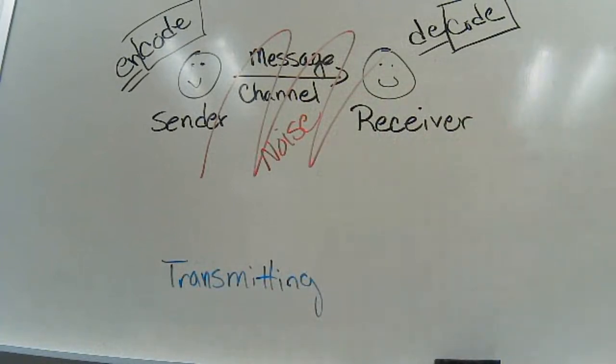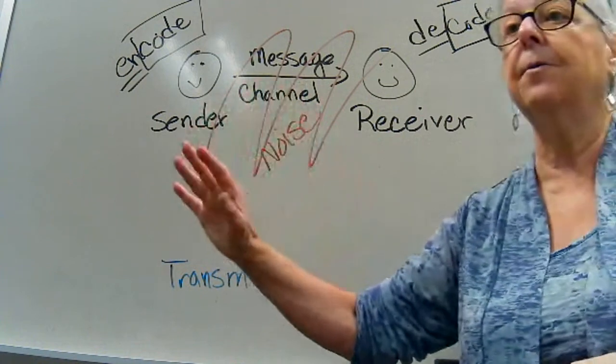All right? And then there's also cultural. A lot of that happens oftentimes with nonverbal as well as verbal. So cultural examples that can get in the way are things like hand gestures. So I'm going to bring my hand out here.